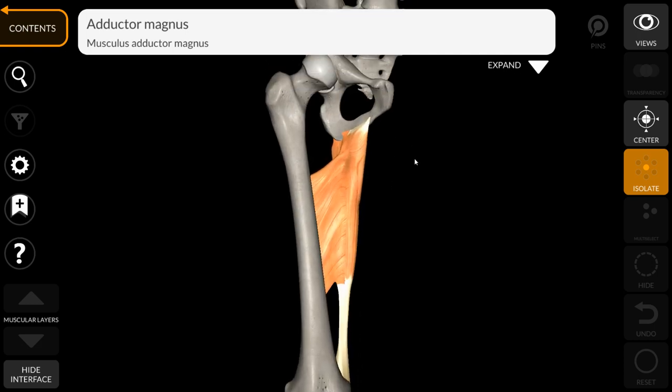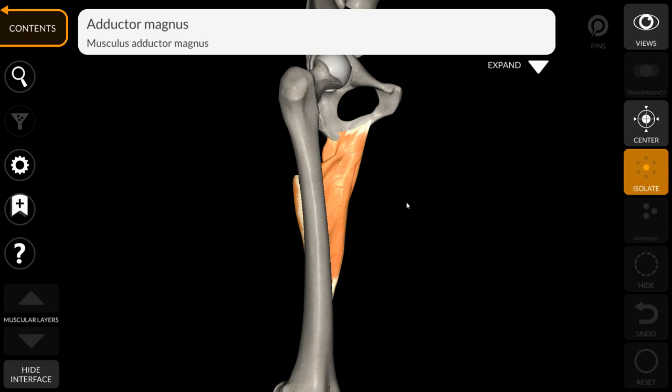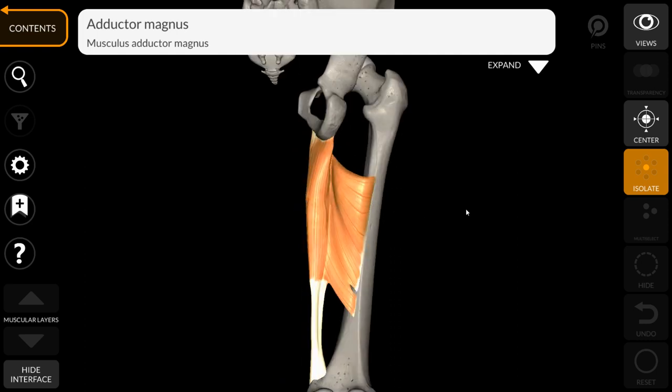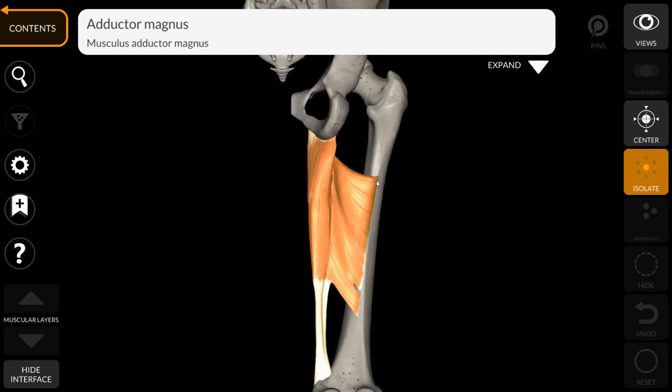Where does this muscle attach? It attaches at the inferior ramus of pubis, and also at the ramus of ischium. Because this muscle is more anterior, and it attaches to the inferior ramus of pubis and the ramus of ischium, it inserts into most of the linea aspera.